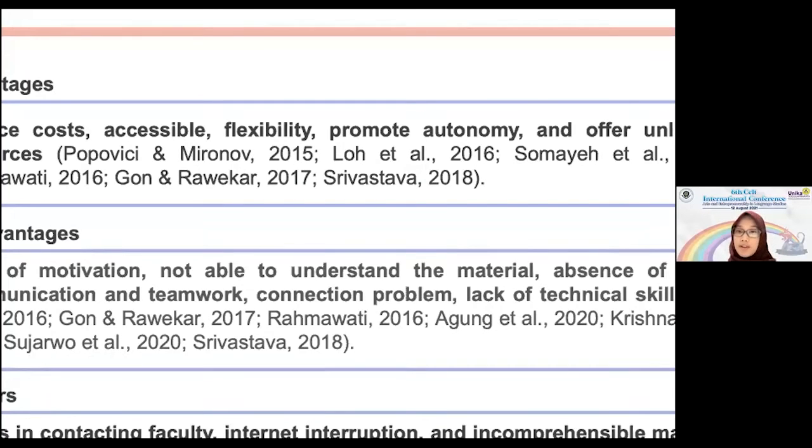There are also barriers experienced by students, which are issues in contacting faculty, internet interruption, and incomprehensible materials. Also from other previous studies, lack of proper online training, learners' dominance of the English language, and limited communication with lecturers are the most experienced barriers by students.